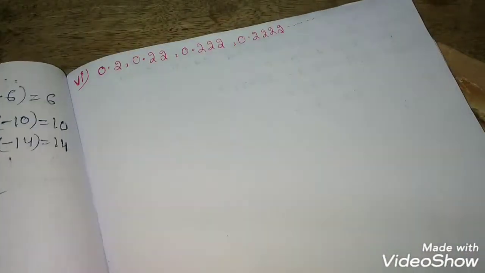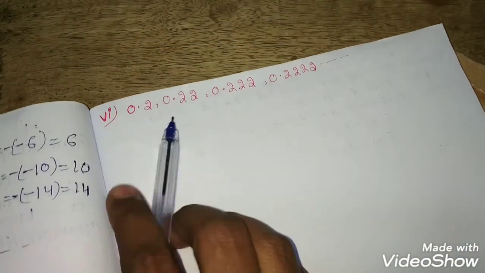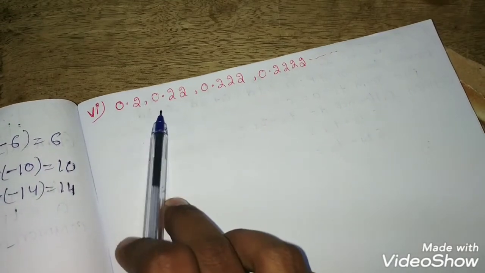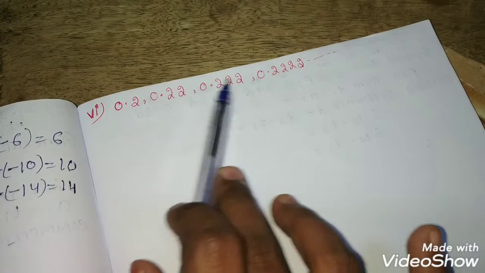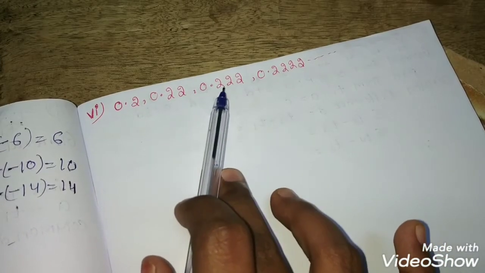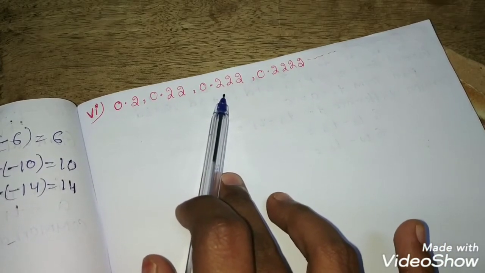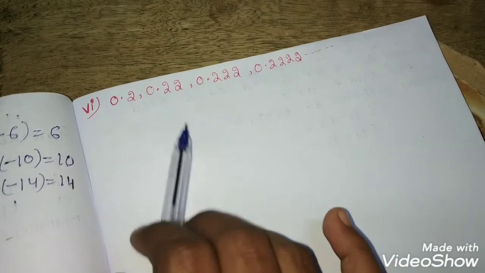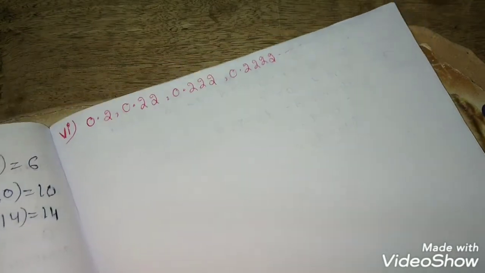So first we have to check whether it is an arithmetic progression or not. If it is, then find the common difference d and find 3 more terms. So let's check.